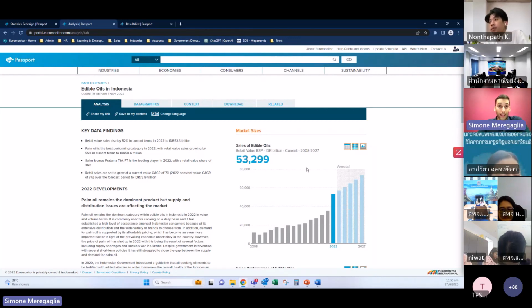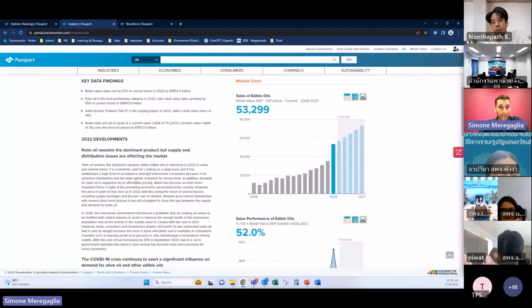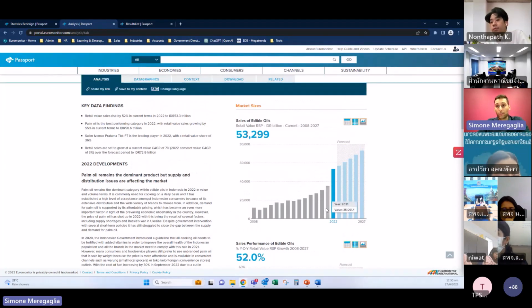Analysis tells me the reason behind that. If I look at analysis, just by scrolling through and reading, I see the price of palm oil has shot up in 2022, as the result of several factors, including supply shortages and Russia's war in Ukraine. So because in 2022 edible oil prices shot up because of the supply chain disruptions given by the war, now I understand why there's this big jump.